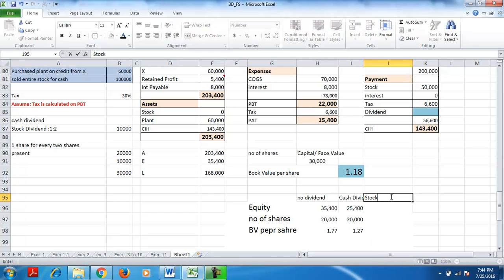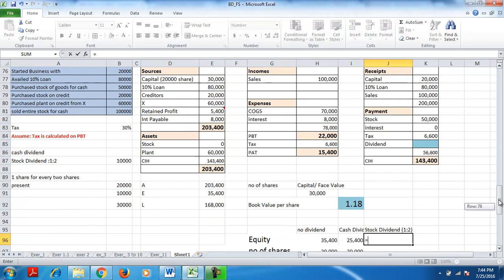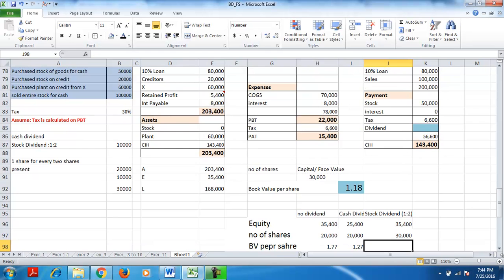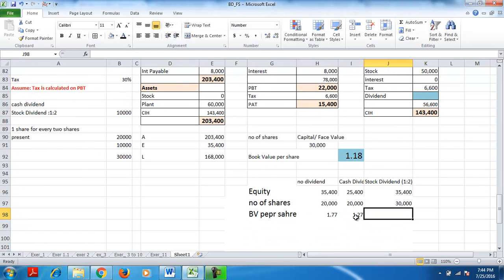When I am giving stock dividend in the same amount, generally mentioned as a ratio, the equity stays the same and the number of shares is 30,000, so the book value per share once again reduces.